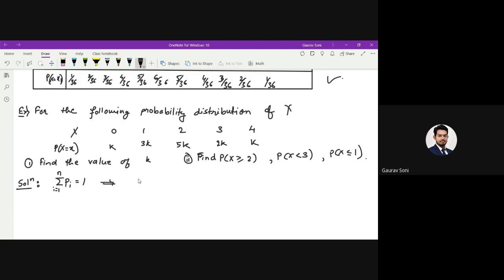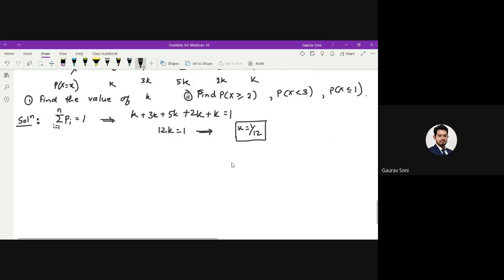So this gives me k plus 3k plus 5k plus 2k plus k is equal to 1. So that will be 12k is equal to 1, which implies that k is equal to 1 by 12.